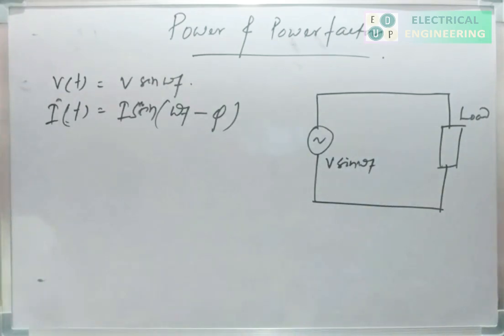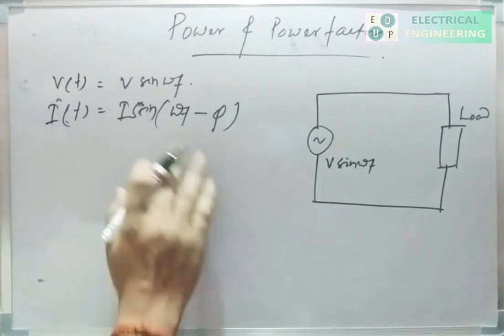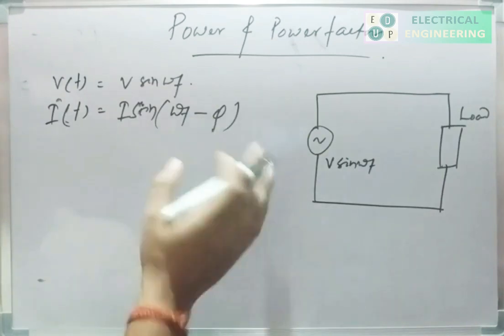Basically we have inductive loads, so we get a lagging current, so we take the phase as omega t minus phi.